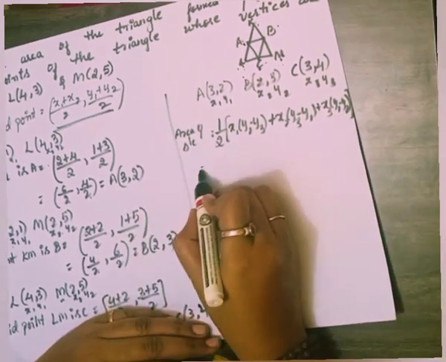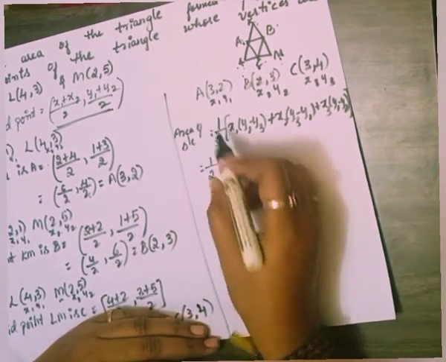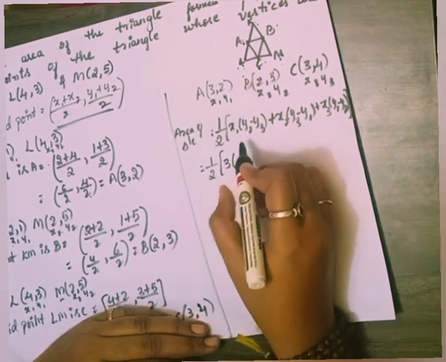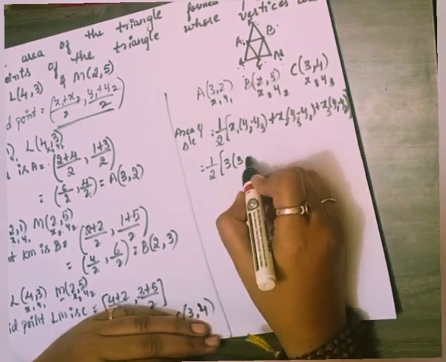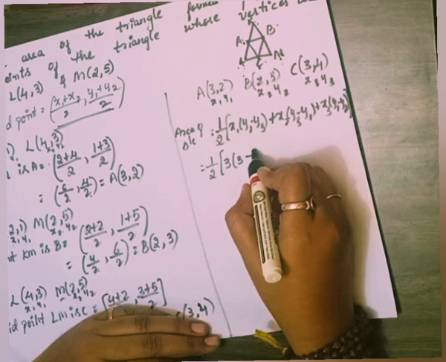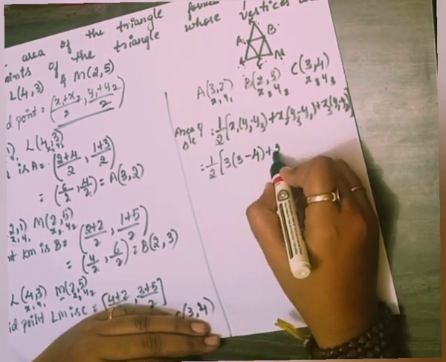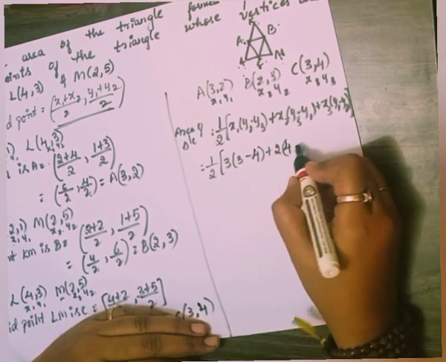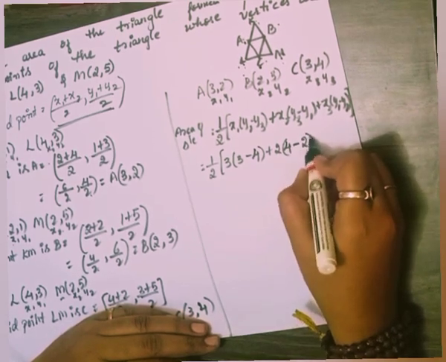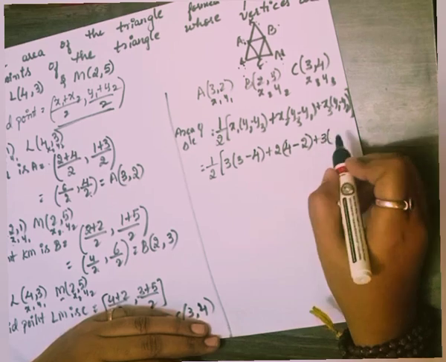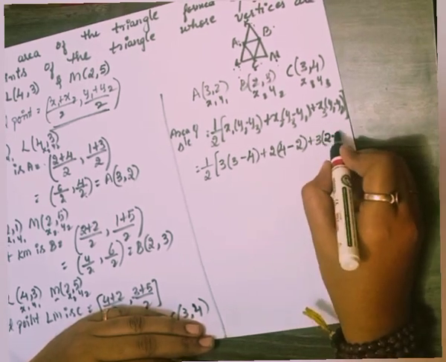Now I'll substitute the values. I'll get 1 by 2, and the x1 value is 3, y2 value 3 minus the y3 value, that is 4, plus x2 which is 2, times y3 minus y1, that is 4 minus 2, plus x3 which is 3, times y1 minus y2, that is 2 minus 3.